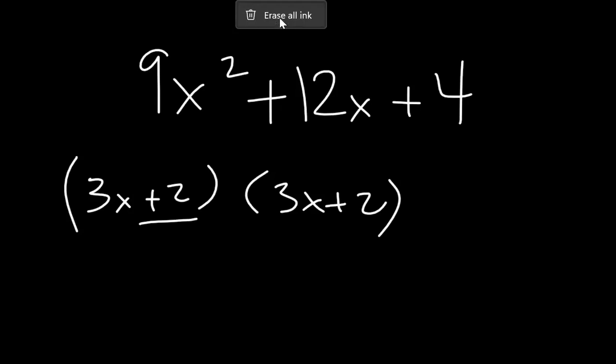So the next problem we're going to do is, what type of special trinomial is this? If it is not, then it isn't. But what is this? 4x squared minus 9.